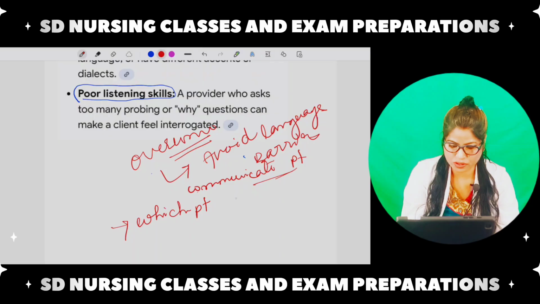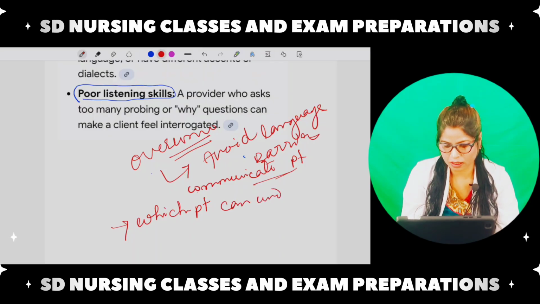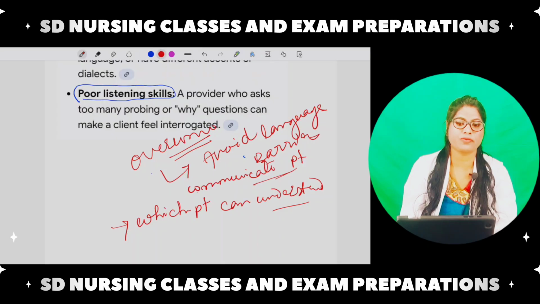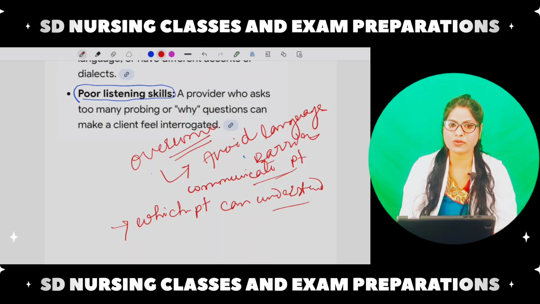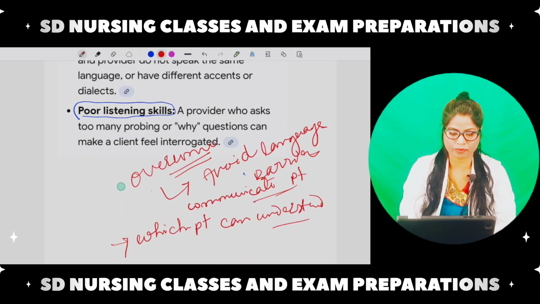If this language is used for the patient, which is easier for the patient, the communication will be effective and the barrier will not be there.